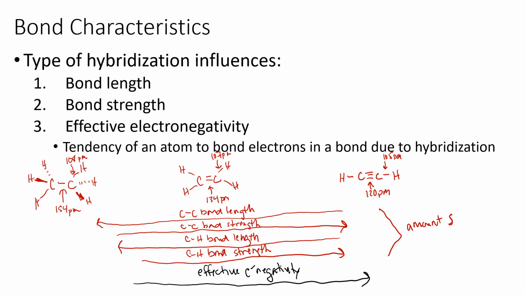So again, this is really defining for us that more electron density will be on the carbon atom in an sp hybridized bond than there would be in an sp3 hybridized carbon atom. So pulling some of that electron density away from hydrogen. So it's an effective electronegativity based on the type of hybridization.